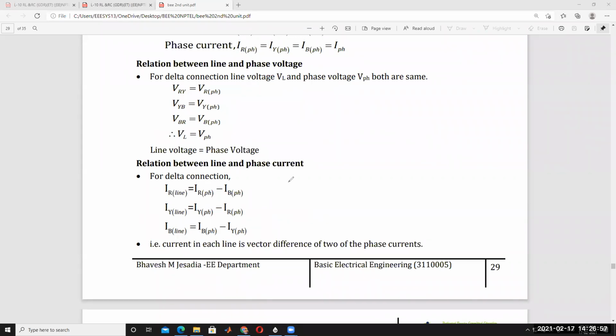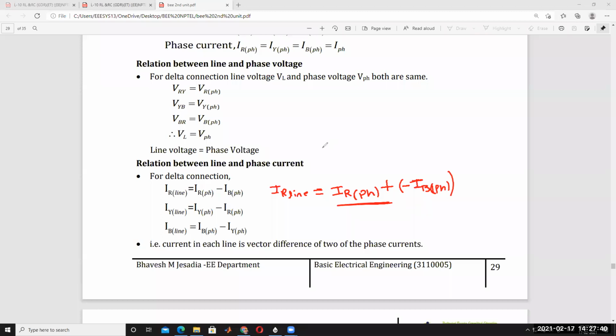So here, IR line is equal to, so what is the current here? IR phase currents. So this is a phase current plus the addition of another phase current, minus IB.